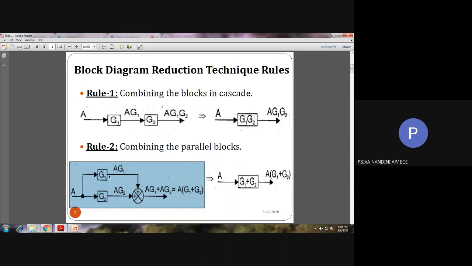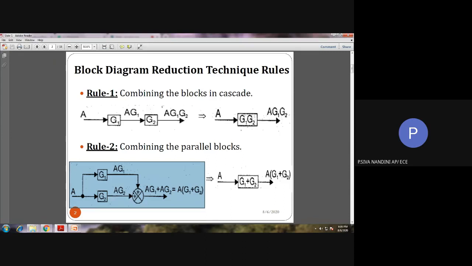The output obtained from block G1 will be AG1. The output obtained from block G2 is AG2, because the common input A is given to both the blocks G1 and G2. After this, the output from the G1 block and the output from the G2 block are given to a summing point.